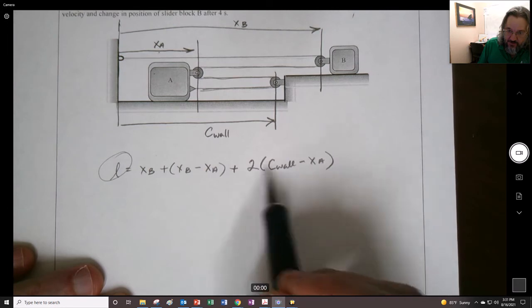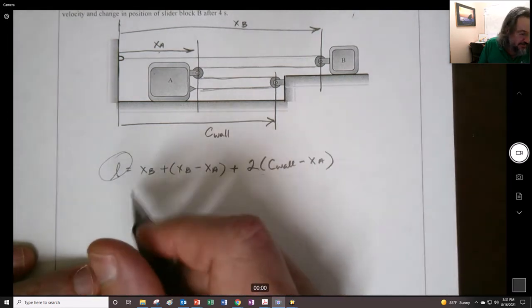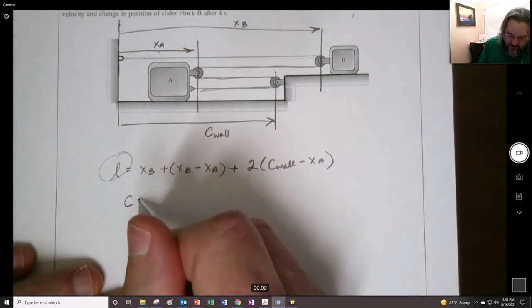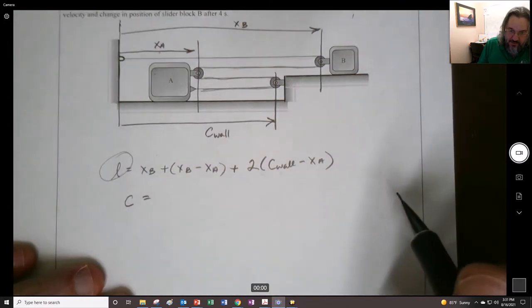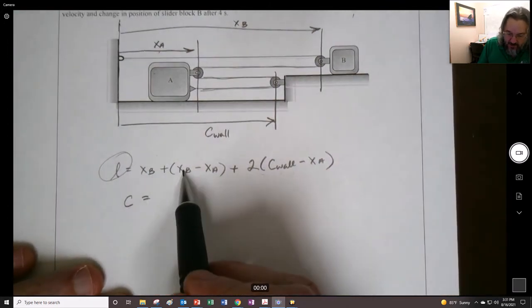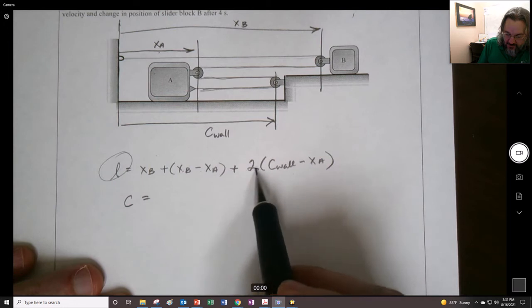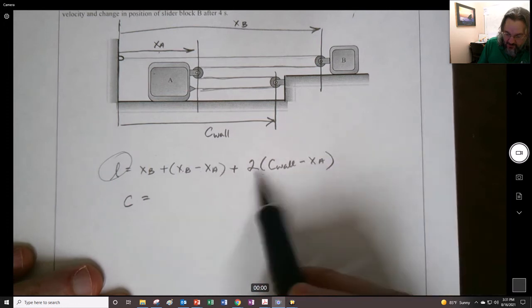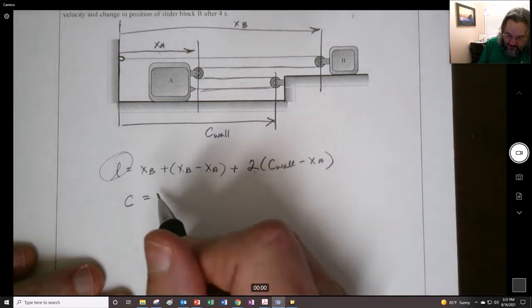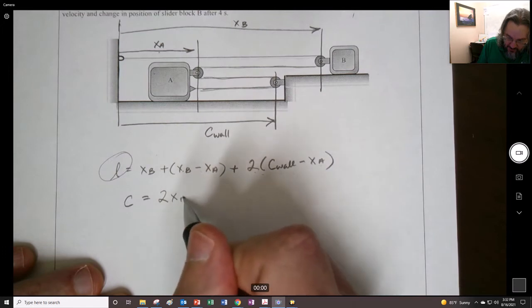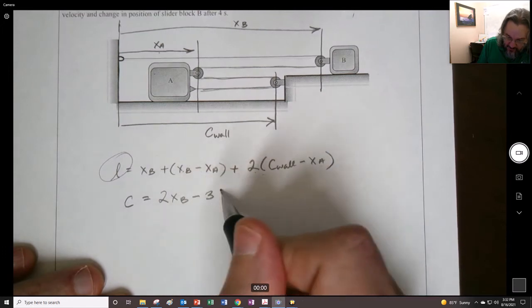So 2 times C wall can go back over there, and we could just say C, and that's just a total constant. Well, let's say we have XB plus XB minus XA, but there's another 2 XA right there, so minus, so this goes 2 XB minus 3 XA.